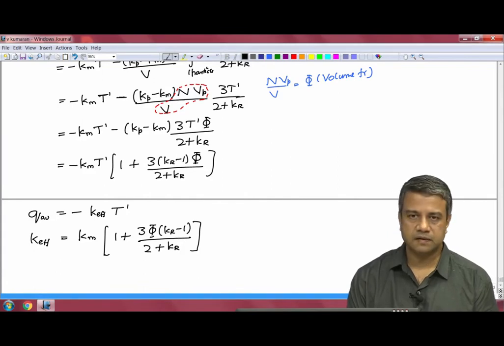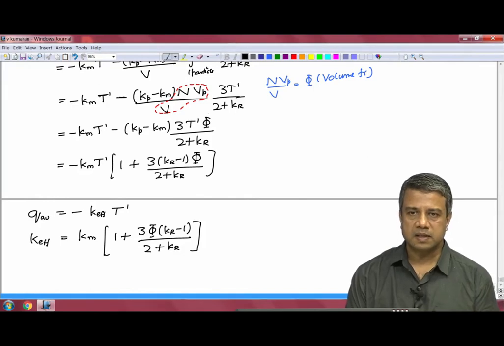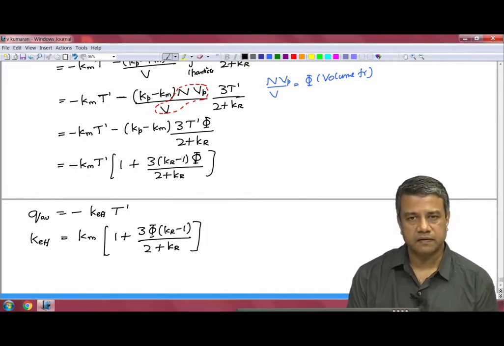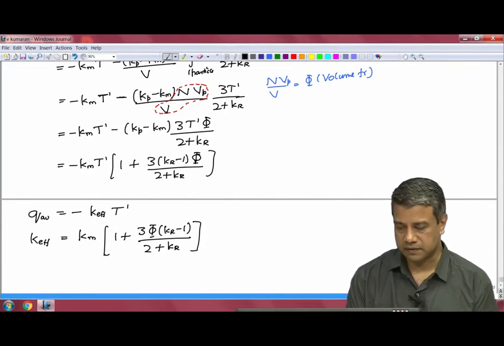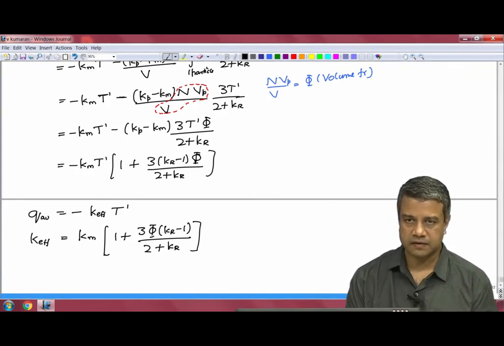You can see that if Kr is equal to 1, that is if the two conductivities are the same, you just recover the matrix thermal conductivity. If the particles have a higher conductivity than the matrix, then the effective thermal conductivity is higher than the matrix conductivity, and if the particles have a lower conductivity, then the effective conductivity is less than the matrix conductivity.